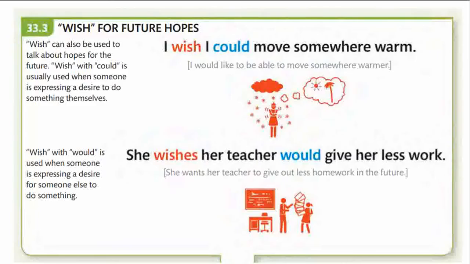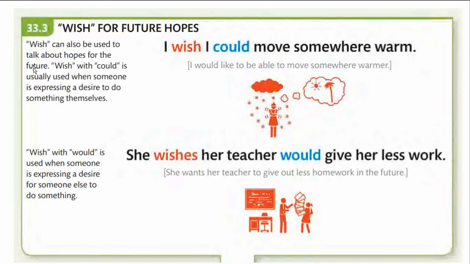Let us proceed. The next pointer that we have is wish for future hopes. Future hopes, note it is a wish. That means something in the future you're hoping, and there are chances of it becoming true also. Now, there are different ways to express. Now, certain modals come into play with this. You use could for yourself and you use would for others.